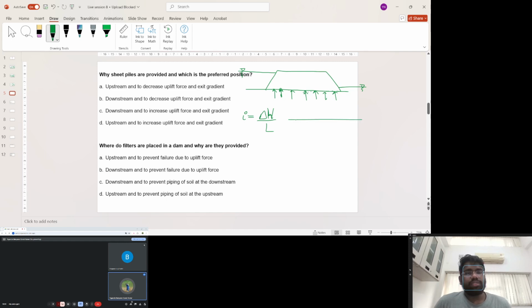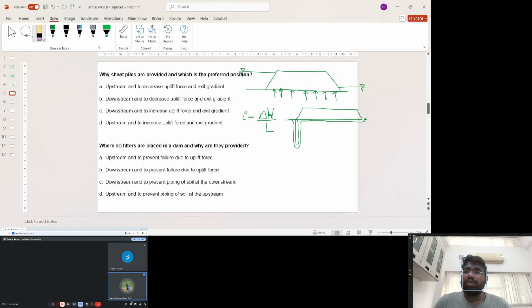So when we provide this sheet pile at the upstream end, the water has to flow like this. And then the first flow line will be like this, right? Followed by others, in such a way that the length of flow of water is extended.